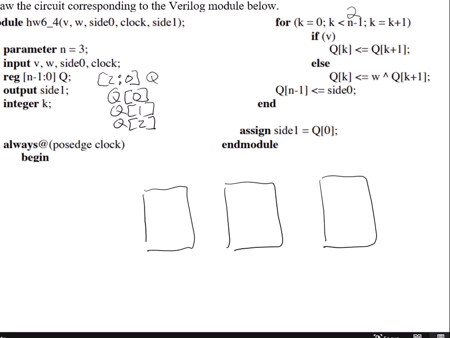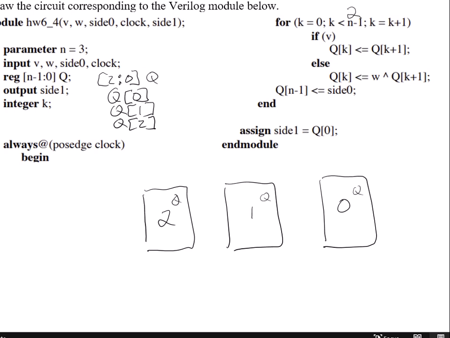And we've got Q0, Q1, Q2, so I'm just going to label these 2, 1, 0. And the Q would be the output from these. So the output from this one is going to be Q2, the output from this one would be Q1, and the output from this one would be Q0.